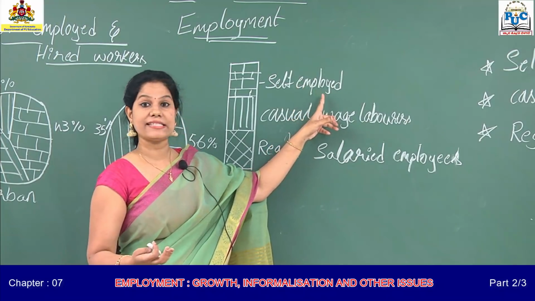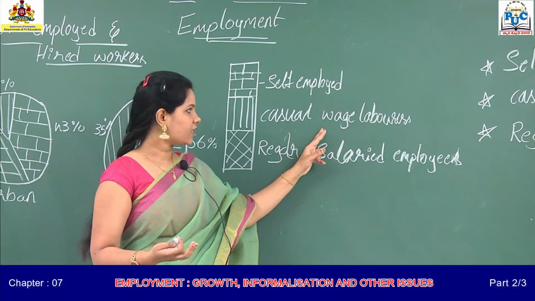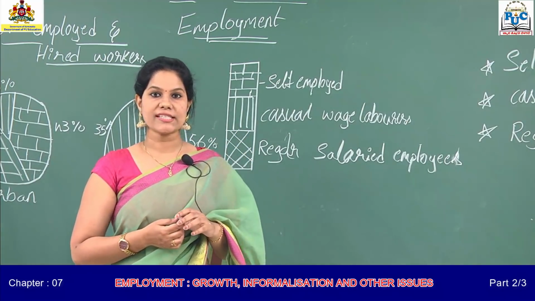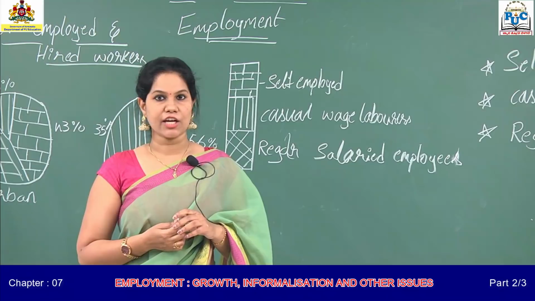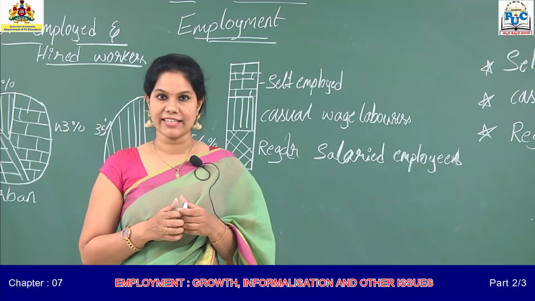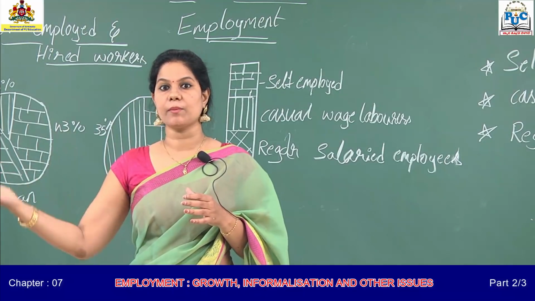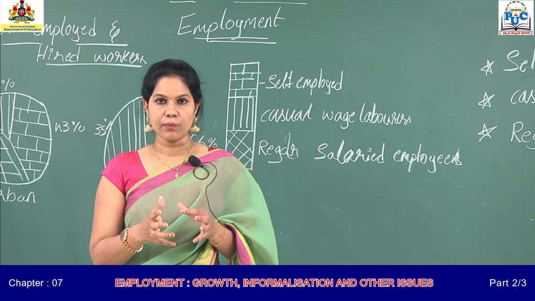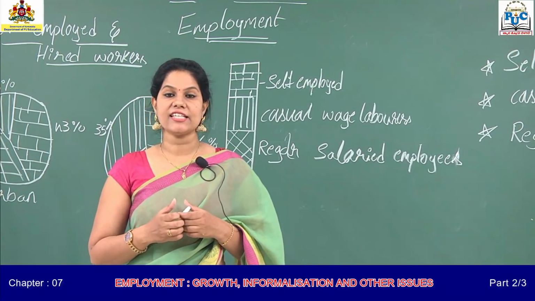The second one is casual wage laborers. Who are casual wage laborers? They are not permanent in nature. One day they are working here, another day they migrate and work in some other place. The work is not permanent for them; the work and the salary are not permanent.